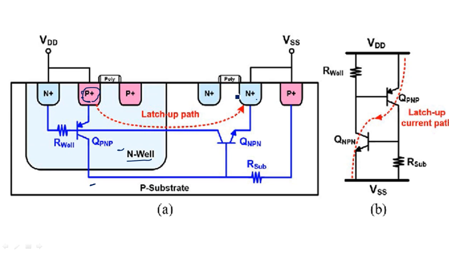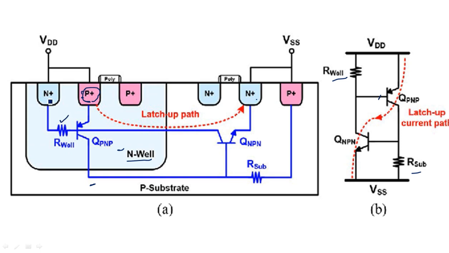Now if you draw the equivalent circuit diagram of this one, this is the equivalent circuit diagram, where we are having the NPN and PNP transistors connected back to back. Additionally, R-well and R-sub. See, the R-well resistance is connected from VDD to the base of the PNP transistor.